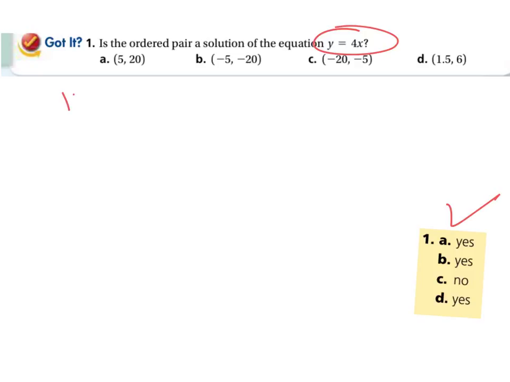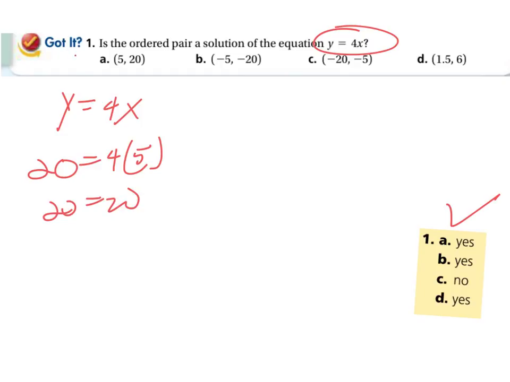So y equals 4x. So that means 20 equals 4 times 5. Well, that's true. 20 equals 20, so yes, this one works. Next one I've got is (-5, -20). So -20 equals 4 times -5. That's also true. -20 does equal -20.